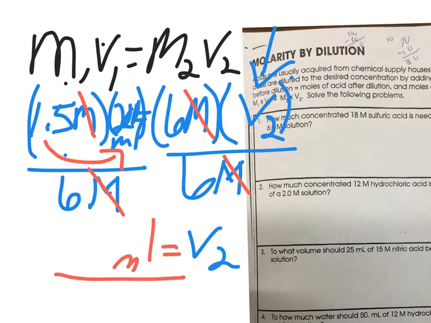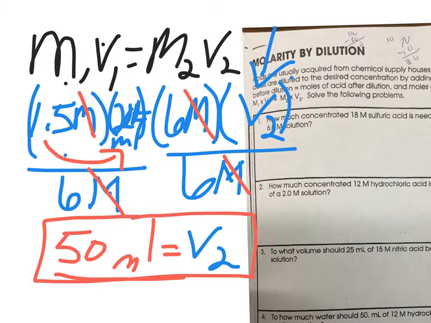Yep, you're going to have 50 milliliters. And that's it. So I take those 50 milliliters and I pour it into my 200 milliliter volumetric flask along with my water. I mix it, and now I've got my new molarity of 1.5. Okay? And that's how we make your chemicals when we use the stuff for lab, right?